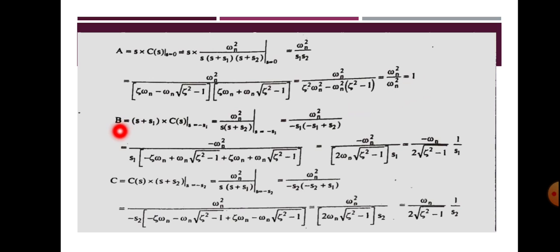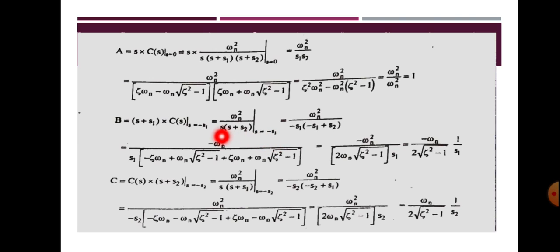Next we can go for the calculation of b. B equal to s plus s1 into c of s at s equal to minus s1. When we substitute the value for c of s, the s plus s1 terms will be cancelled out. So we will get omega n square divided by s into s plus s2. In that equation we have to substitute s equal to minus s1.